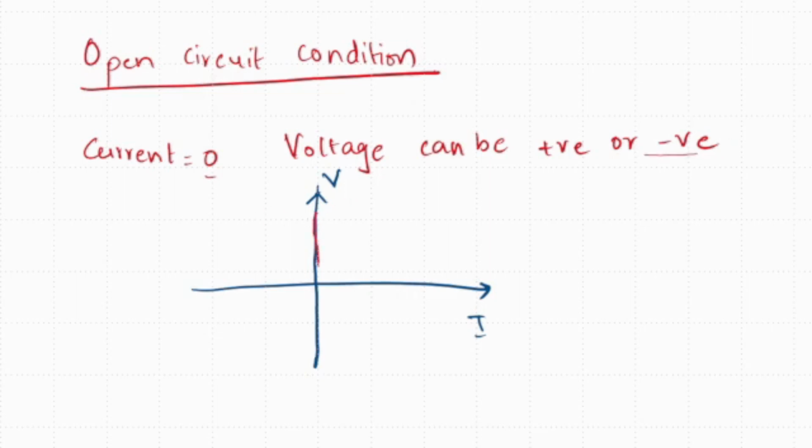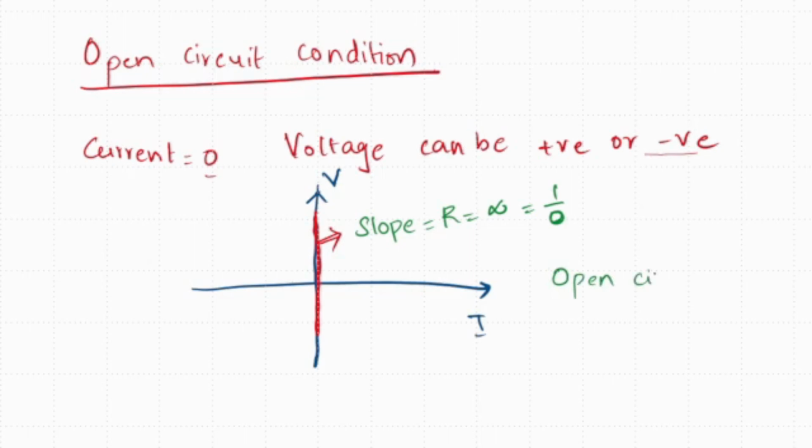So a straight line on the voltage axis. Right, దీని యొక్క స్లోప్ ఏమవుతుంది మనకి? Slope is infinity, that is 1/0. అంటే దాంట్లో కరెంట్ పాస్ అవ్వట్లేదు, వోల్టేజ్ ఉంది, అక్కడ ఎటువంటి ఎలిమెంట్ కూడా లేదు, సో ఇట్ ఈస్ అ ఓపెన్ సర్క్యూట్. Is that clear? Yes.